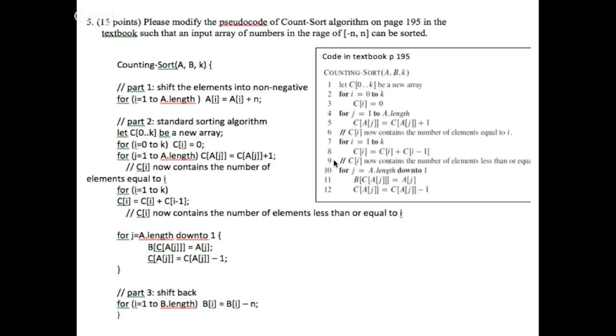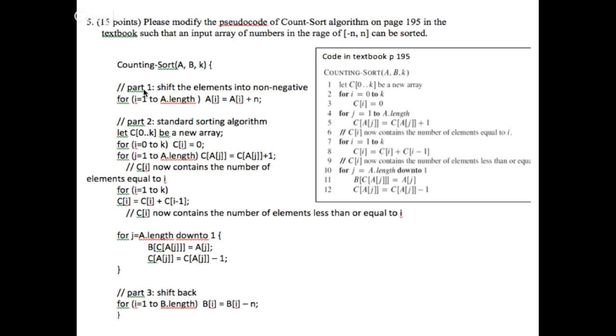And this part of code requires the value of numbers to be non-negative. So in order to change the code to be workable, we need to pre-process array A to make all the elements non-negative.